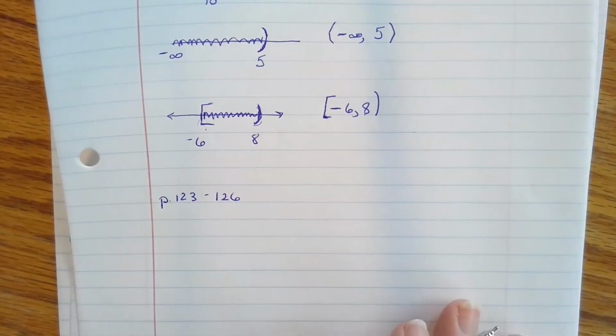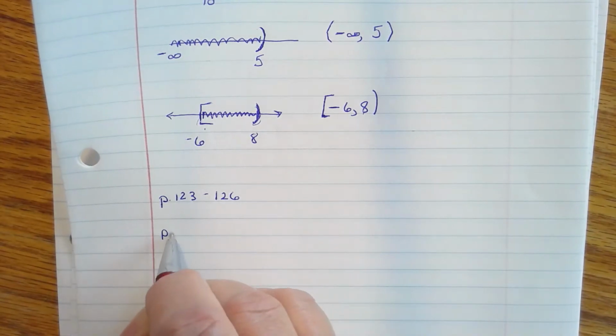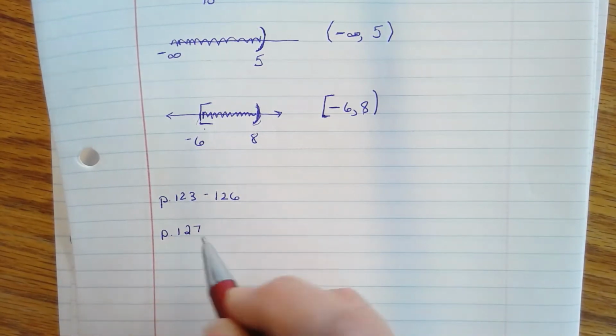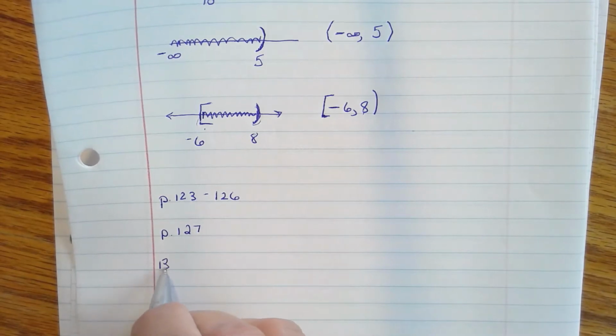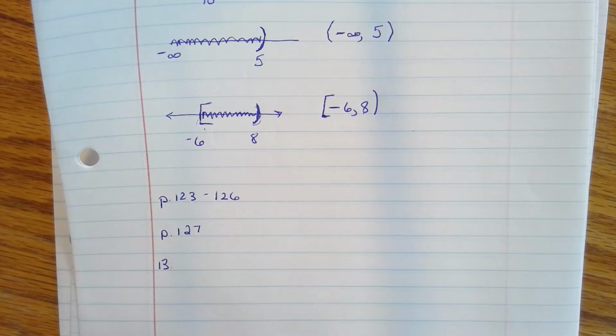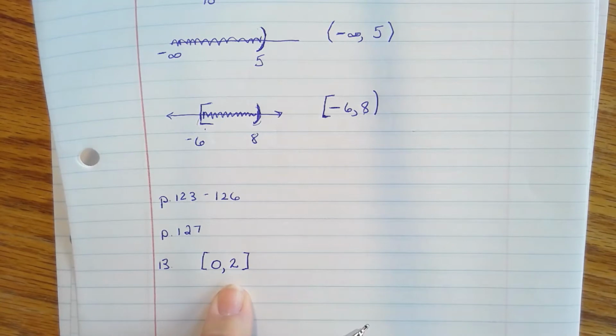Alright, so let's go to the exercises, and they start on page 127, and we're going to start with number 13, and the directions are to write it in interval and as an inequality. And I see in number 13 that it includes everything from 0 to 2. So in interval, I would go 0 to 2, and both of them have brackets as being included, so that's my interval notation.